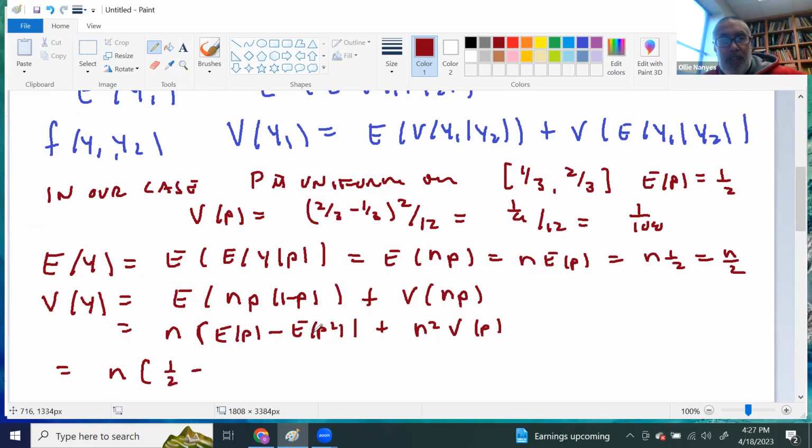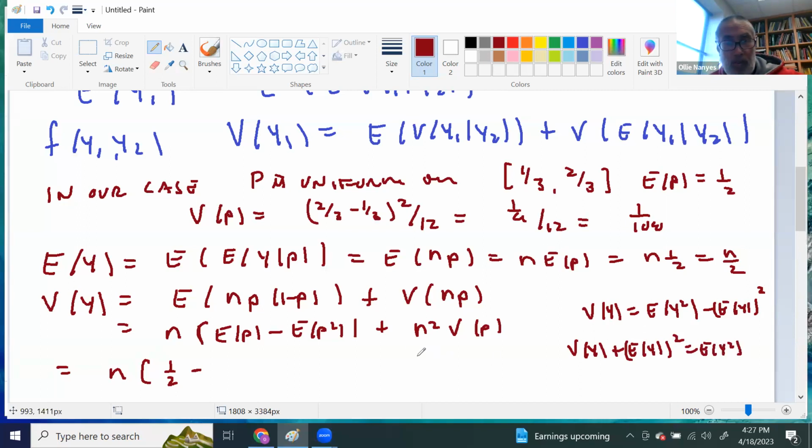Now, this particular thing right here, we do have a formula that, since the variance of some random variable y is the expectation of y squared minus expectation of y quantity squared, this second moment about the mean will be this. Like so. And this is what we have right here.